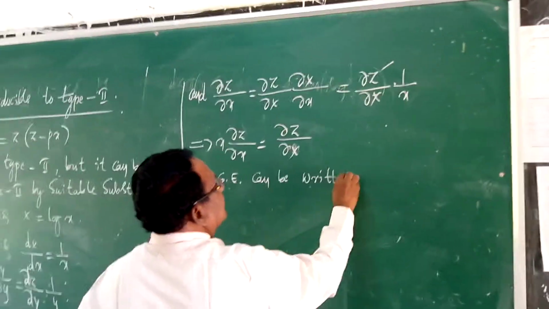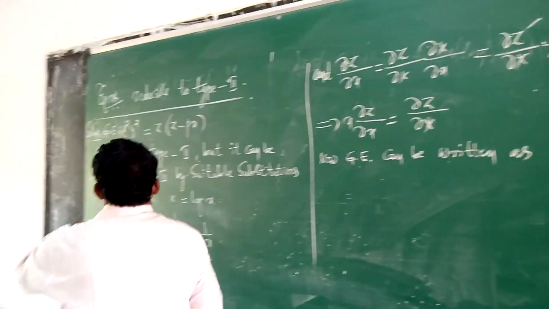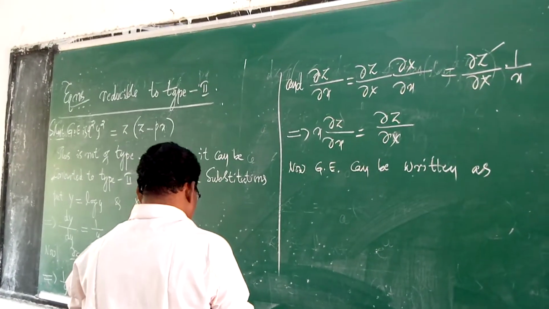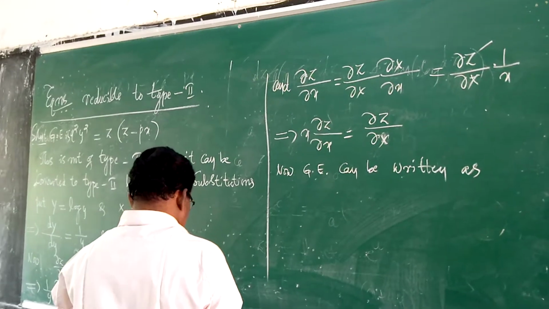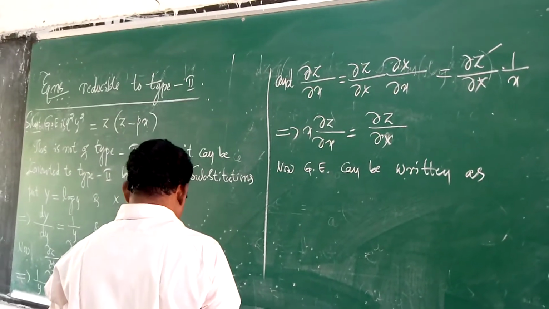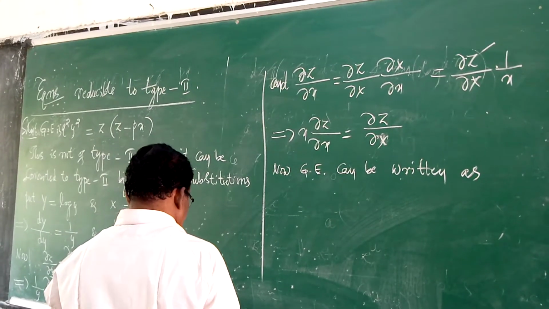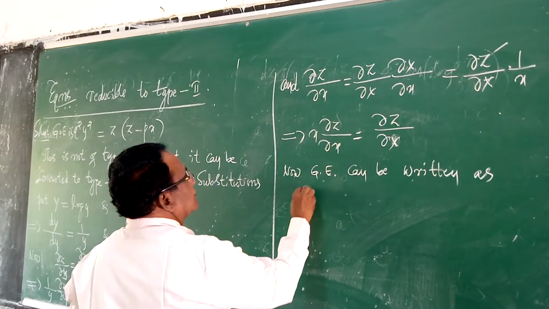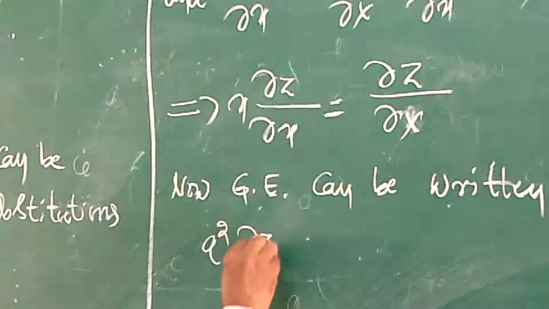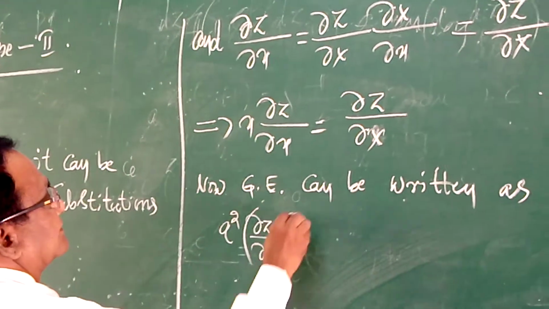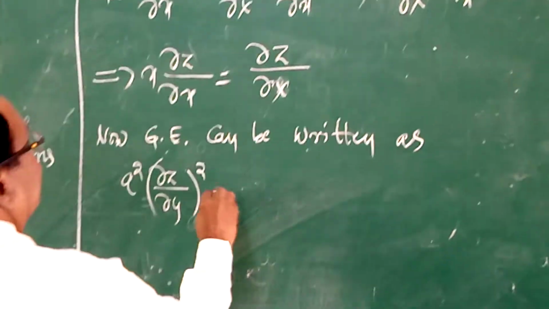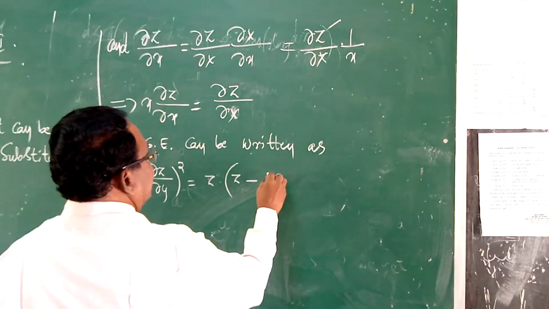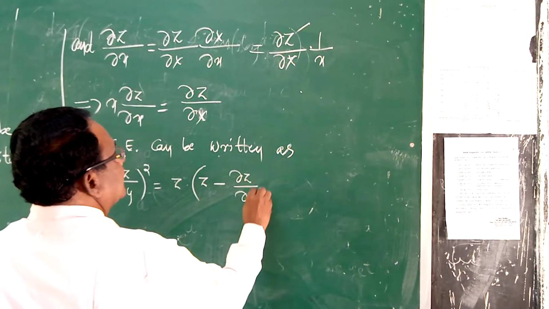Write the equation in this fashion: q squared into y squared, that is dou z by dou y whole squared, is equal to z into z minus p into x, where p stands for dou z by dou x.